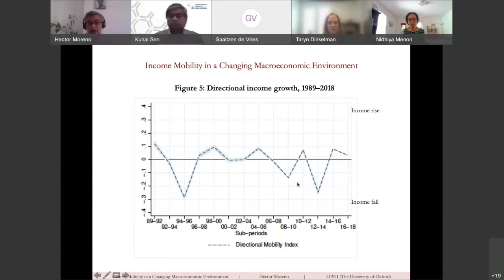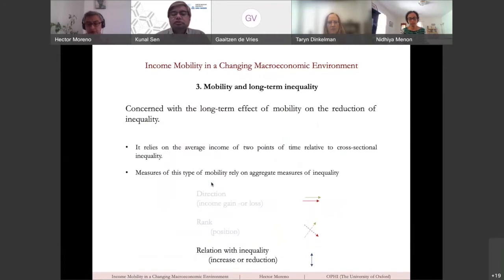And you see again that, of course, as expected, we see a very strong income fall in these periods of economic crisis. But again, you see that the curve is not that far away from zero, which implies, again, very low levels of income mobility.